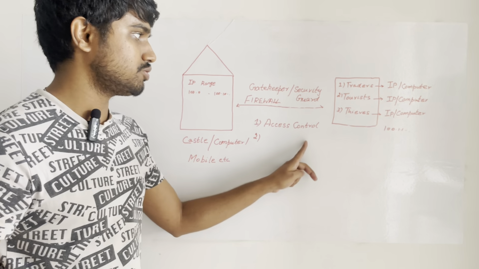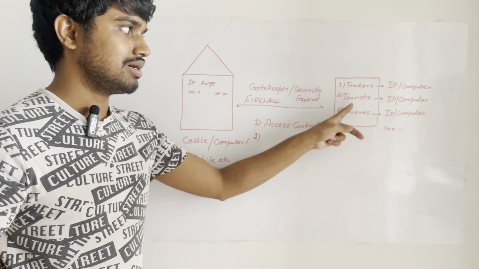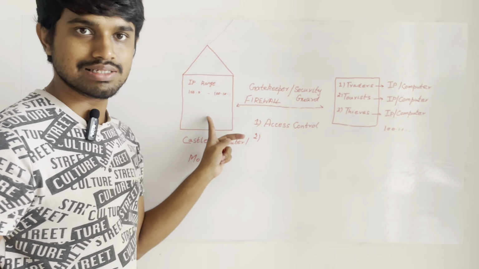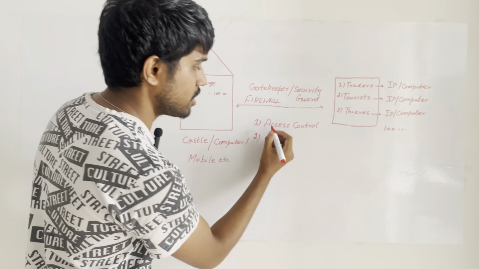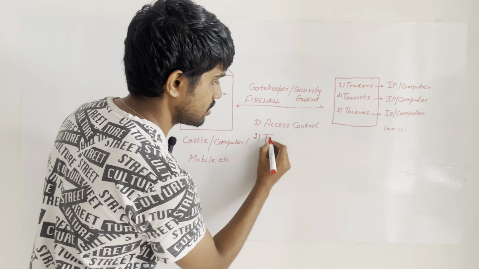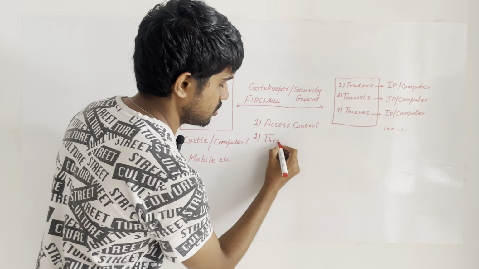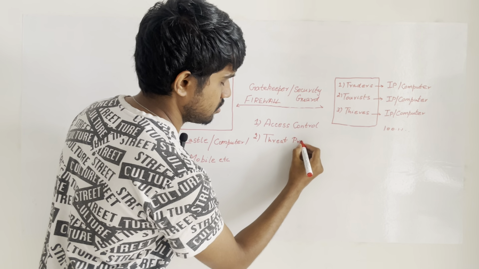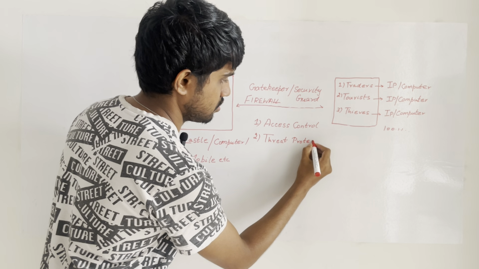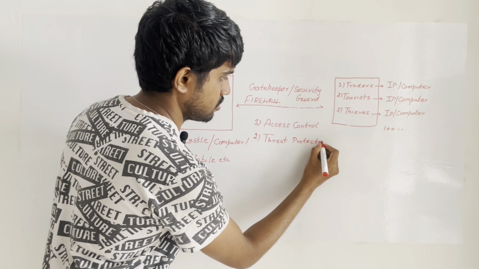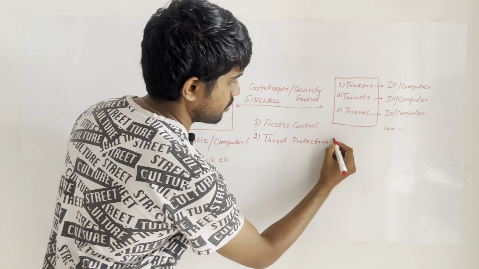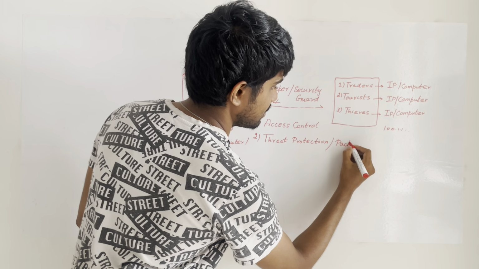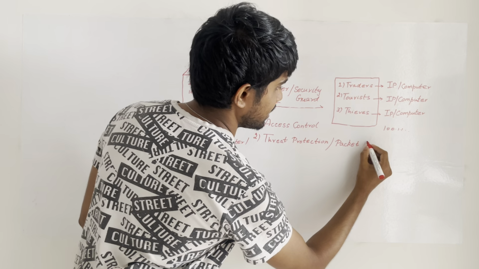So the second is to make sure that nothing harmful or dangerous is entering the system or castle. So the second one is threat protection, or packet inspection.